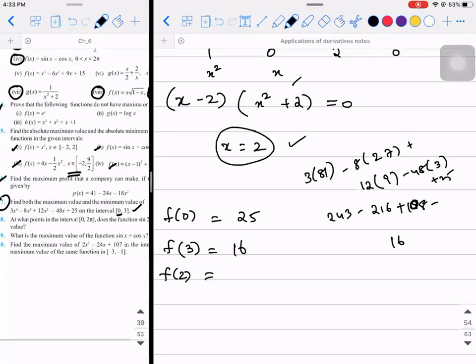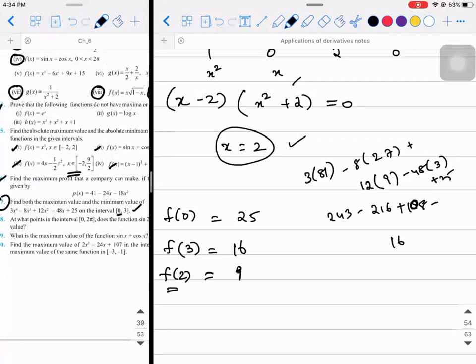What is f of 2 then? 9, sir. So if you do the second derivative test for f double dash of x and substitute x equal to 2, you might get less than 0 or greater than 0, but that is not the point of maxima.